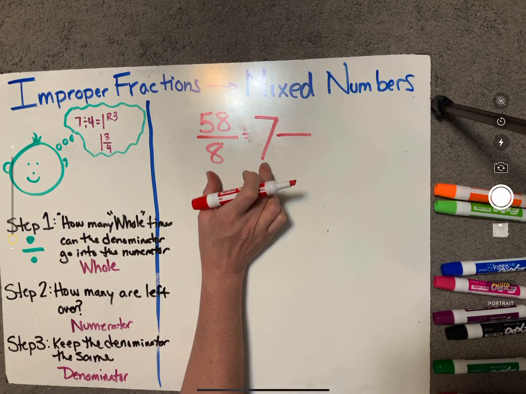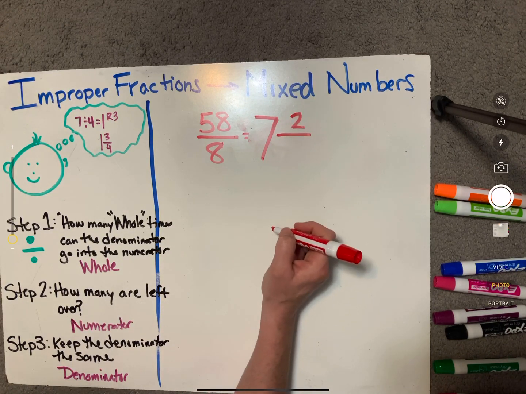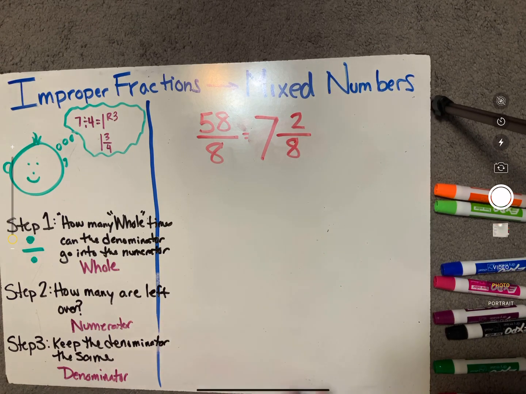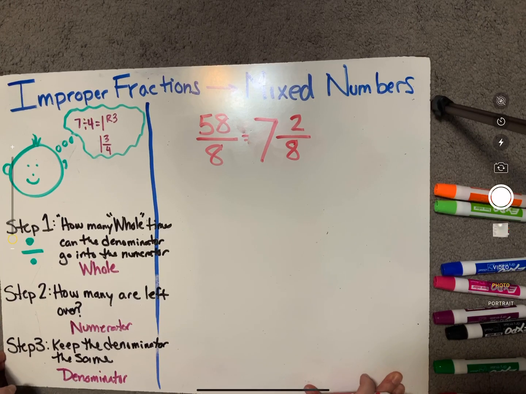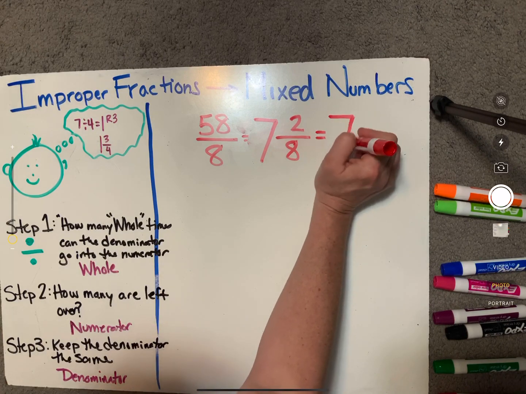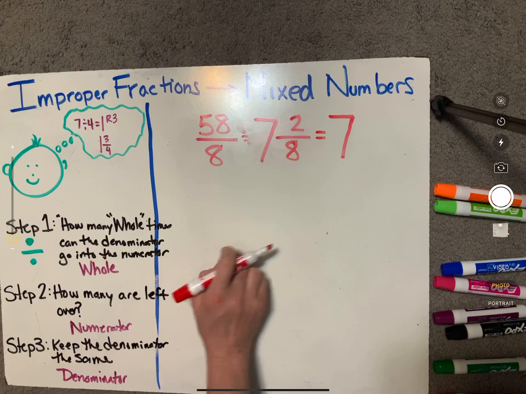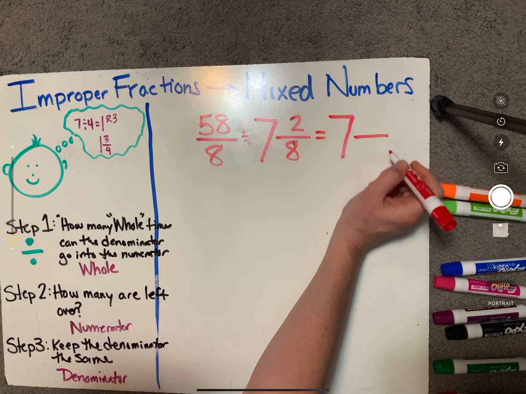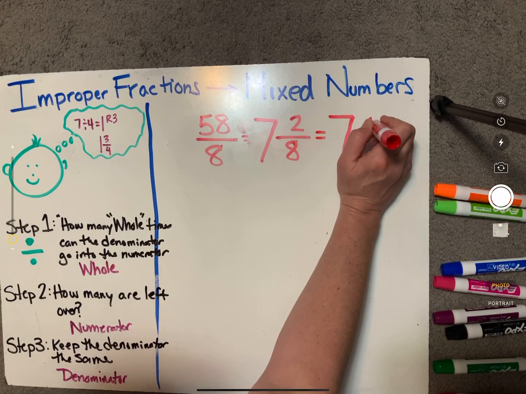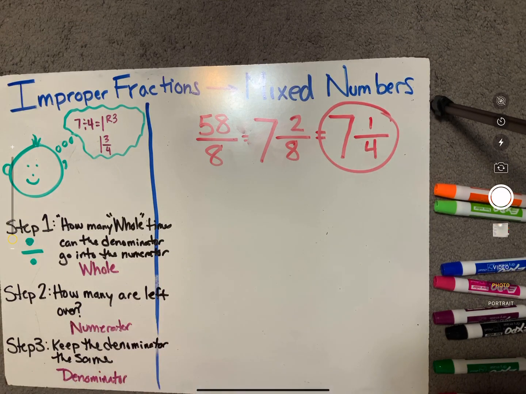And I know that 8 times 7 is 56, so there are 2 left over, and my denominator remains the same. Now, if I look at that fraction, 7 2/8, my 2/8 is not in lowest terms, so I do need to reduce this. My whole number will remain the same, and then I can just reduce 2/8 the way that we did with reducing fractions. Both of those are even, so I can reduce that down to 7 1/4.